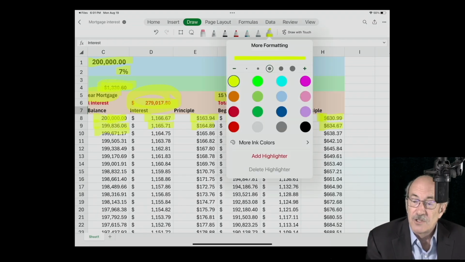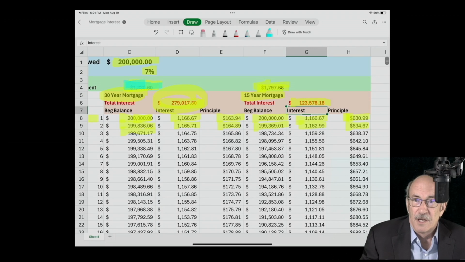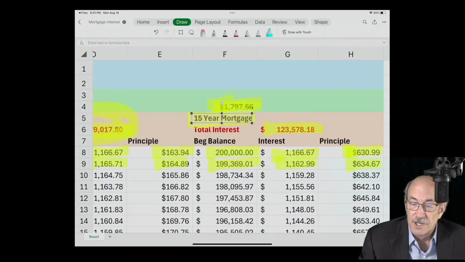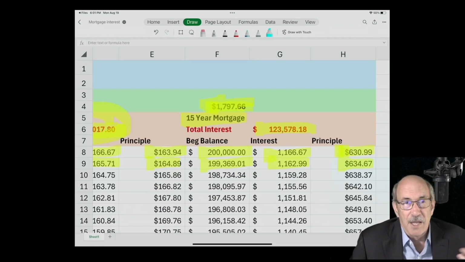Let me just change the color of my marker here. Your payment is that $1,330, and you're going to pay, though, instead of the $1,330, you're going to be paying $1,800 per month. And if there's a month that you can't pay it, that's fine.